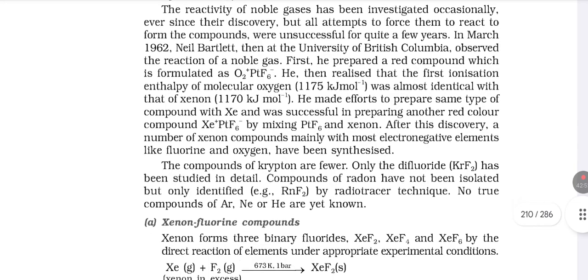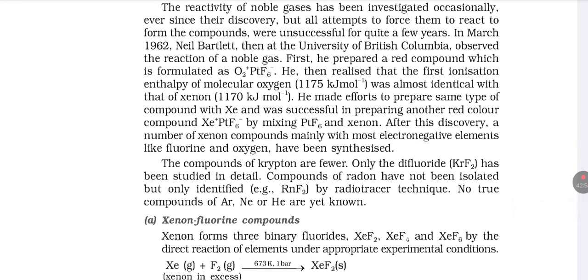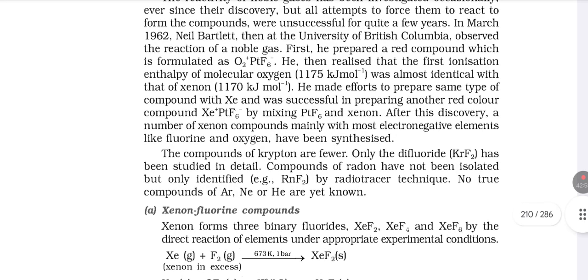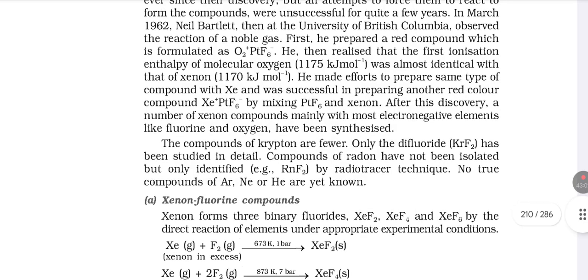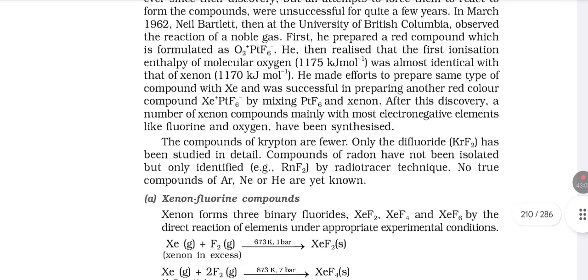The reactivity of noble gases has been investigated occasionally ever since their discovery, but all attempts to force them to react to form compounds were unsuccessful for quite a few years. In March 1962, Neil Bartlett, then at the University of British Columbia, observed the reaction of a noble gas.